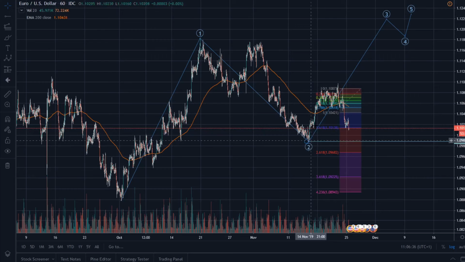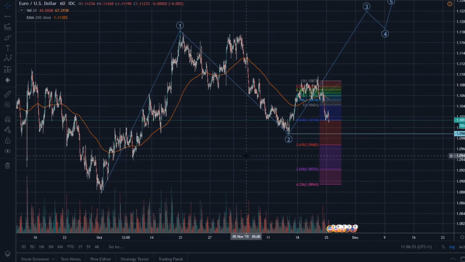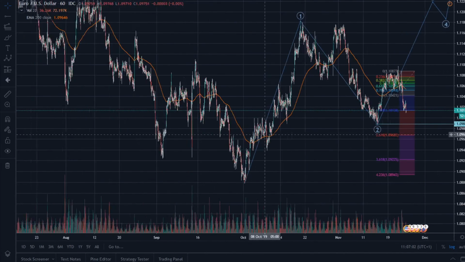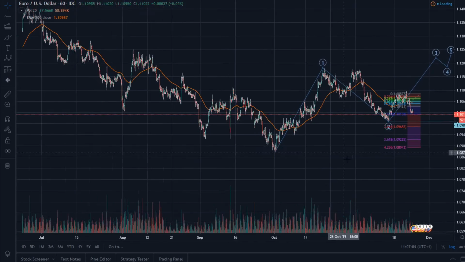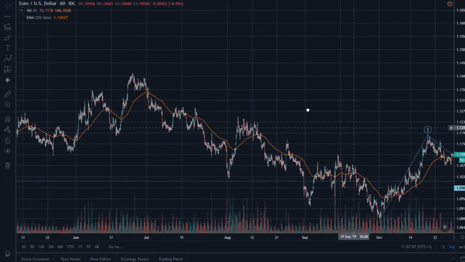This can also be an X wave, because X waves very often get mistaken for another impulse, but they just correct and they just connect this previous correctional movement to another correctional movement. So again, you're never sure about the next price movements. You can never be sure, but all in all, the price movements in this asset right now look very promising.